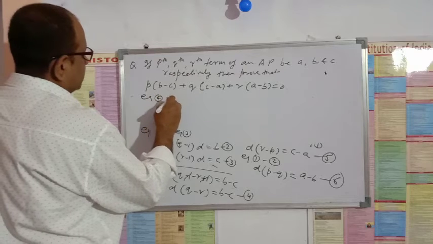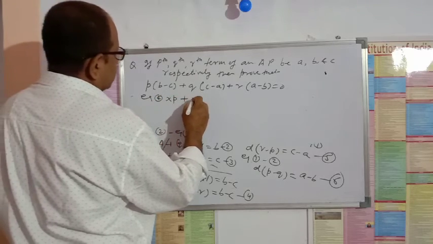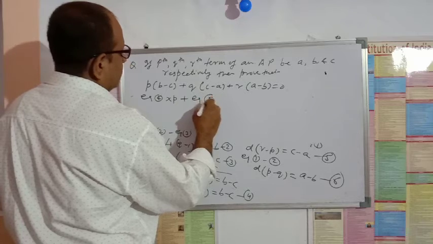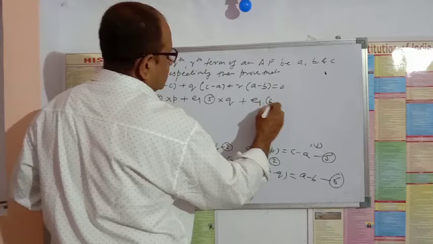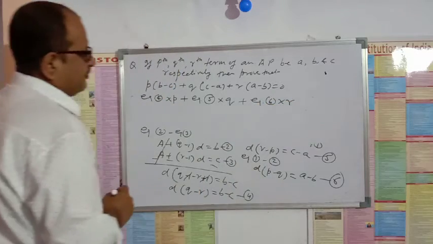So equation 4 multiplied by p, plus equation 5 multiplied by q, plus equation 6 multiplied by r.